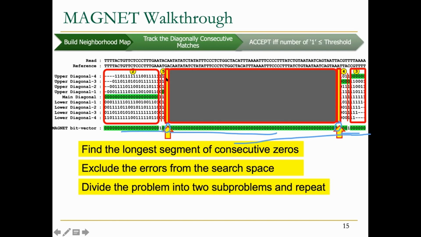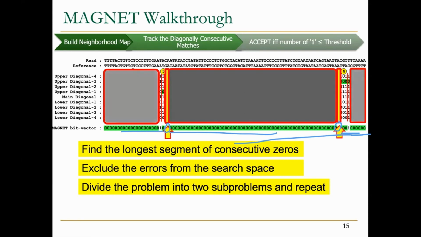So you need to solve each using the same algorithm, but in parallel because they are independent of each other. But if you want to do it iteratively, you may want to consider the second problem first over here on the left-hand side, and then you move to the right-hand side and try to solve that problem.